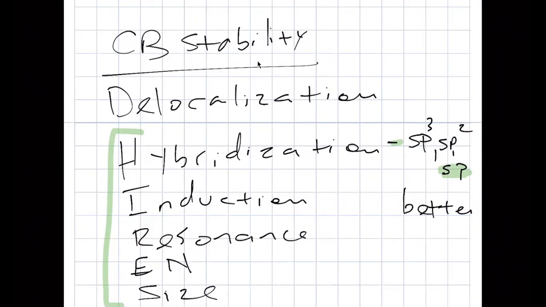If you're comparing atoms and looking at the different hybridization states, SP is always going to be better because it has more s character, right? That means it's more electronegative.